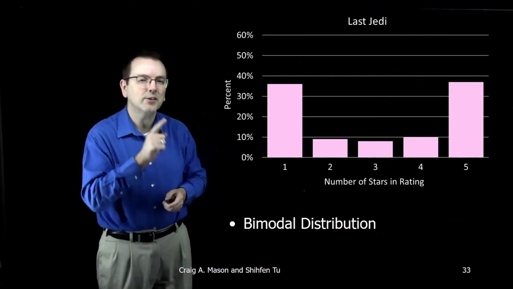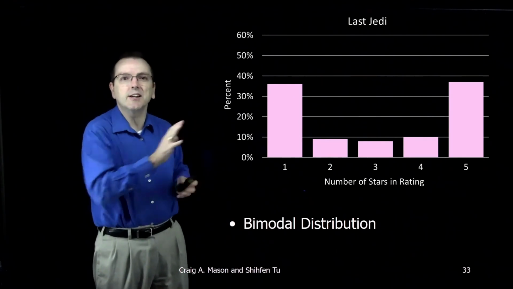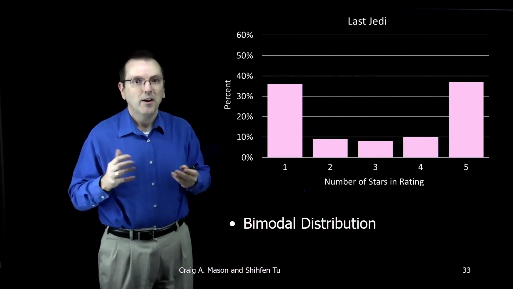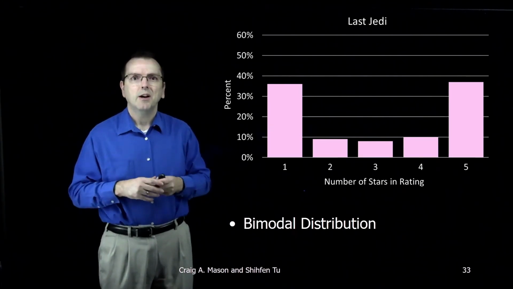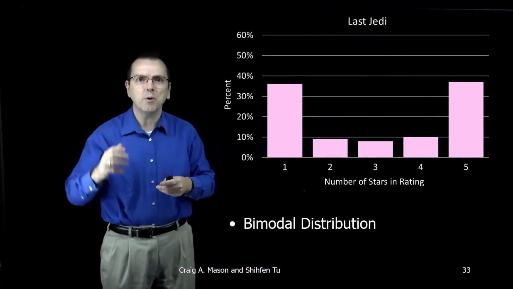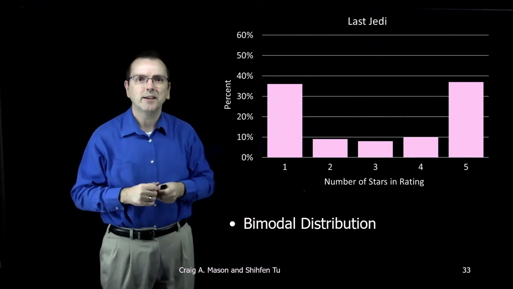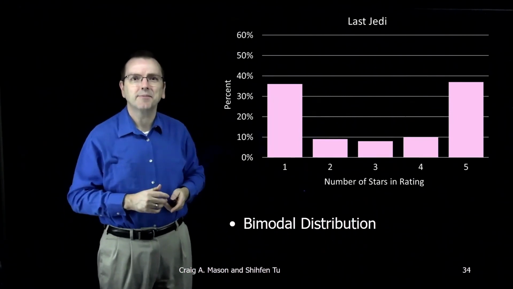But this isn't trivial. Think about the implications here. In research and in life, we're often talking about the typical person or the average person. What's the average person's view on this? Or what's the average person's view on that? But what does that even mean in a case like this?